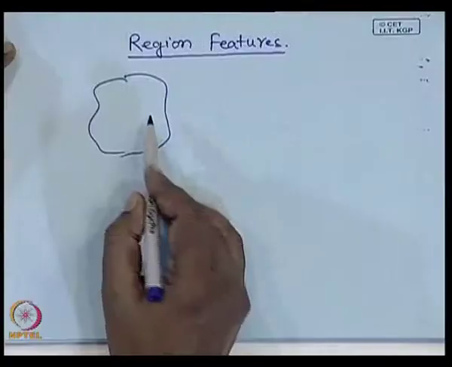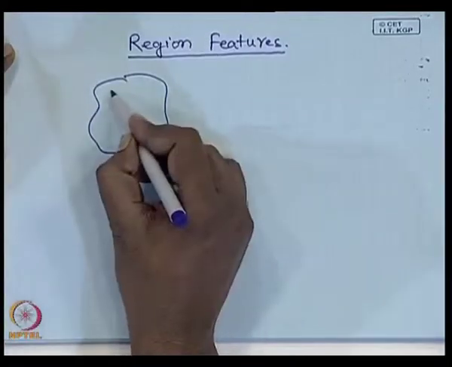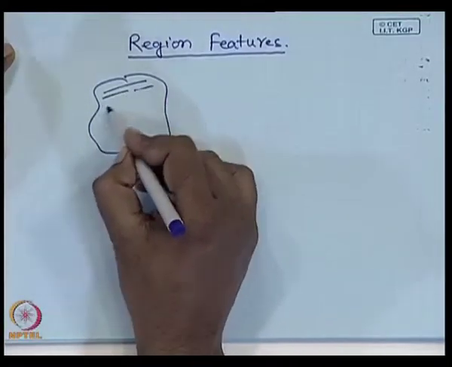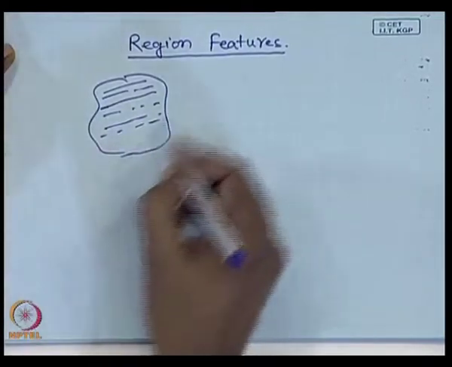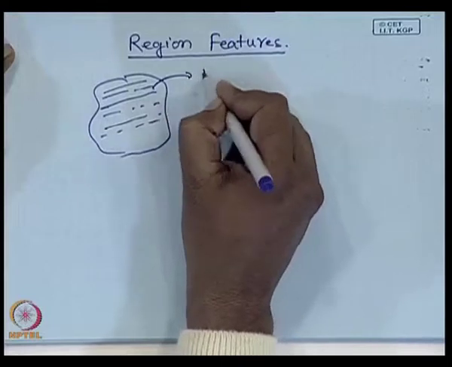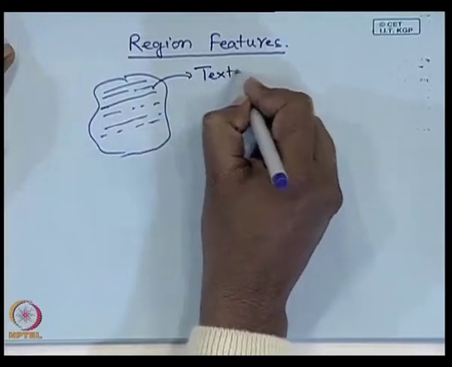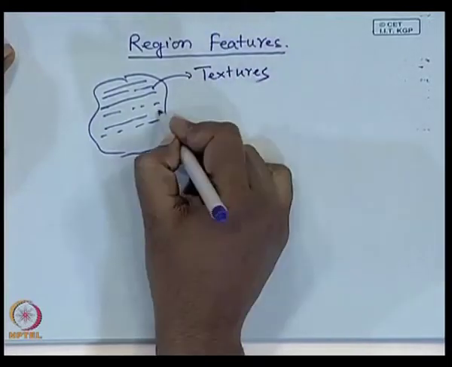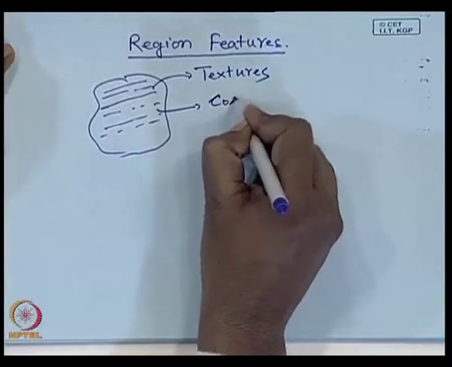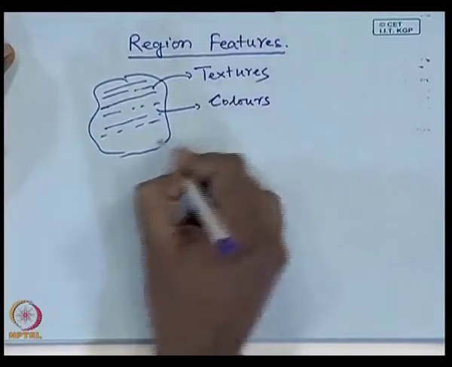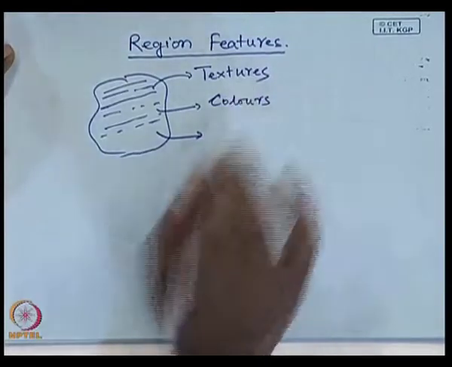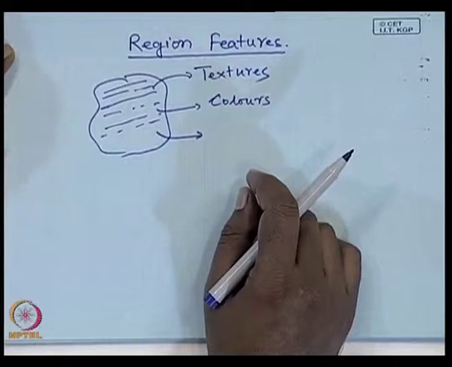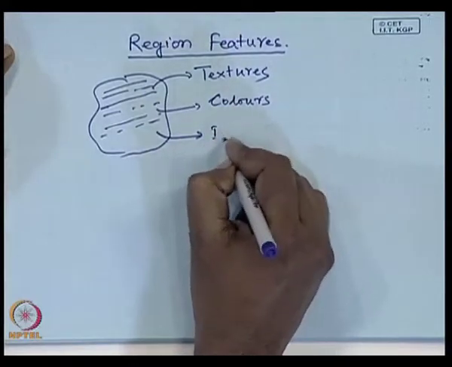Now, coming to the region features, this bounded region can have different kinds of textures, or different types of colors. If it is a black and white image, an untextured, uniform region can have different intensity values.